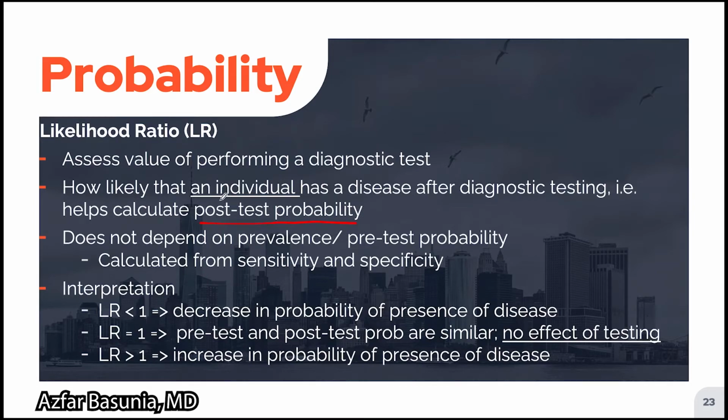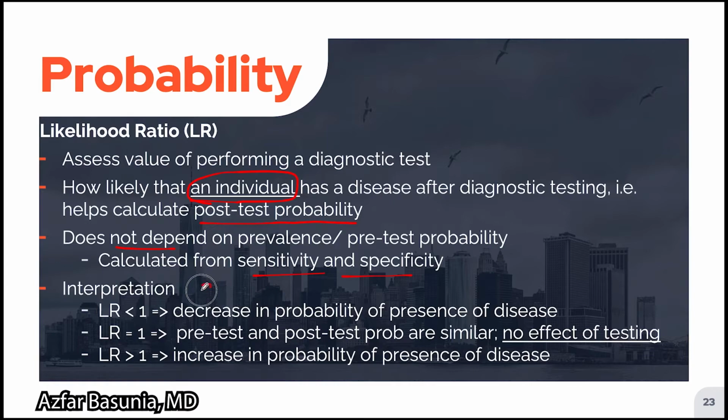Very, very important to know is that the likelihood ratio is used to make inferences on single or individual patients. Likelihood ratio does not depend on the prevalence or the pretest probability. This is because the likelihood ratio is calculated from sensitivity and specificity, which we know do not depend on the prevalence or the pretest probability.